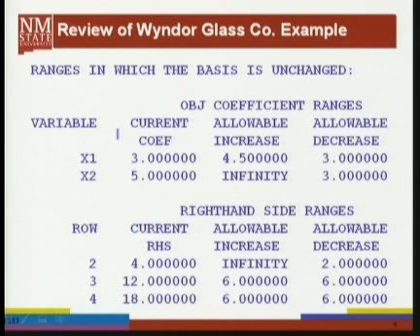Besides the optimal solution, Lindo provides the information for sensitivity analysis, right? And last time we learned how both objective coefficient ranges and the right-hand side ranges are obtained graphically, right?